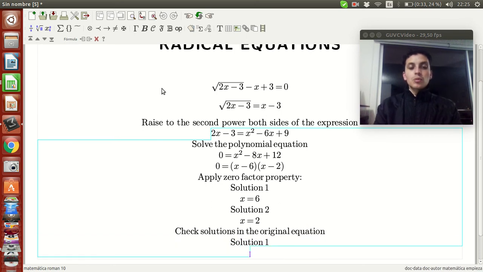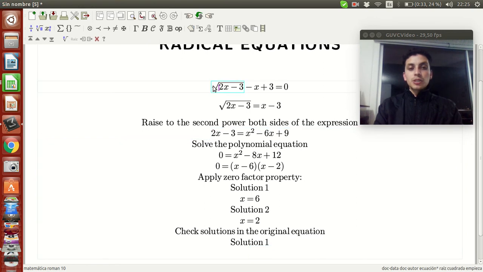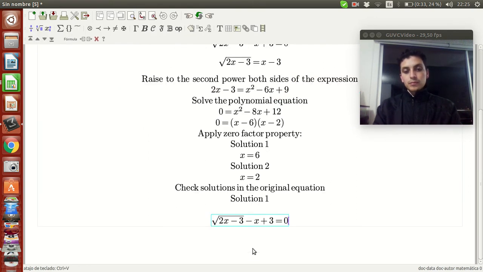Solution 1. We're going to use the original expression, and instead of x we're going to set 6.